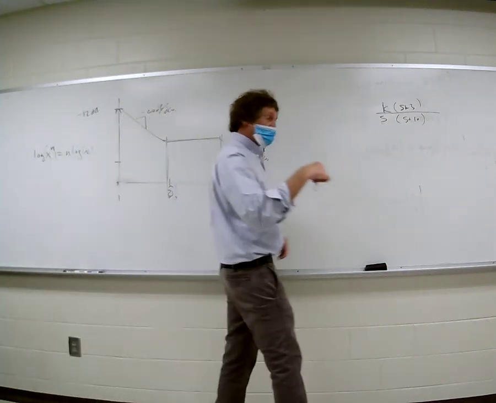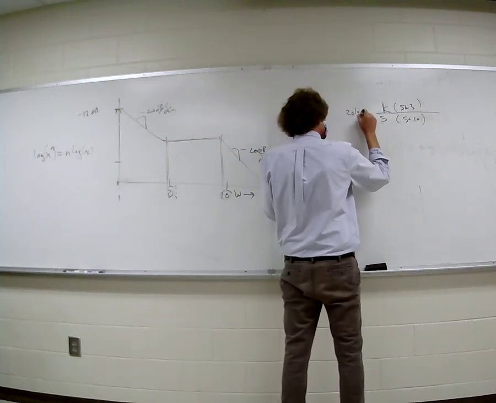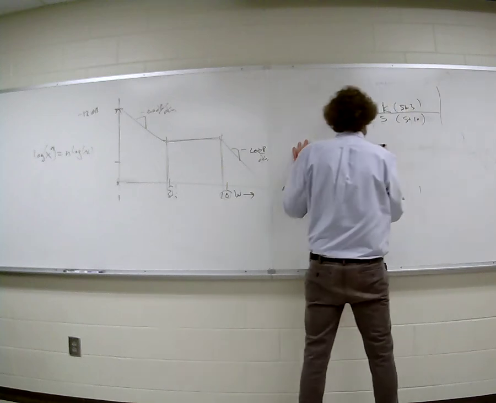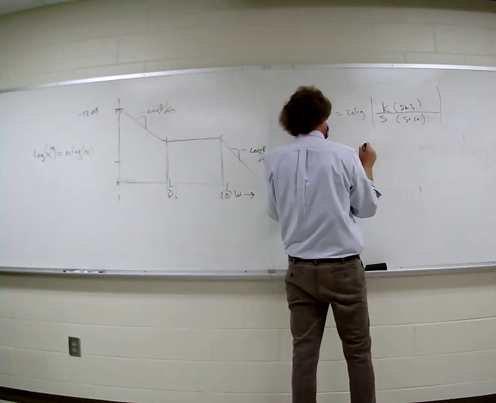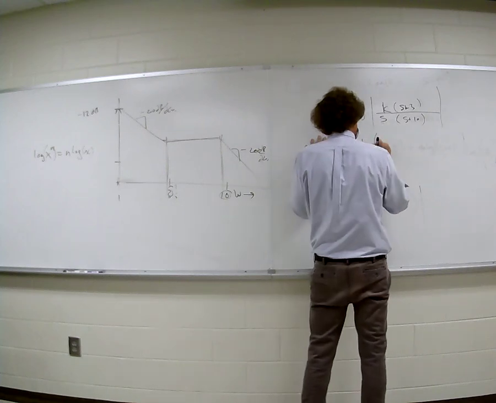Now, I'm going to take the Bode plot of this, so I take 20 times the log of this. And that's going to be the Bode plot. Here it's going to be 20 times the log, base 10, of k by itself.